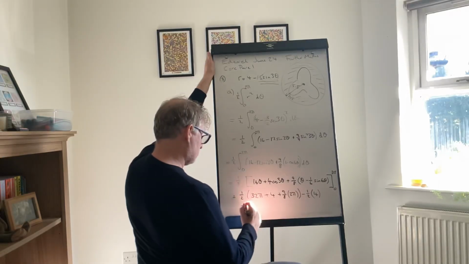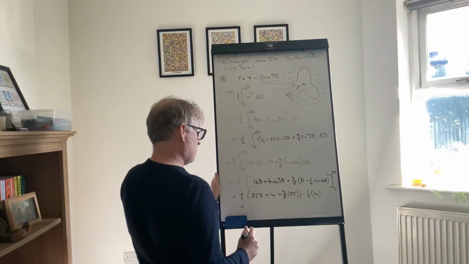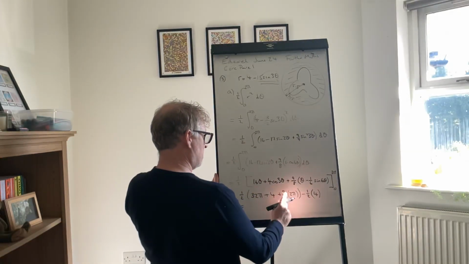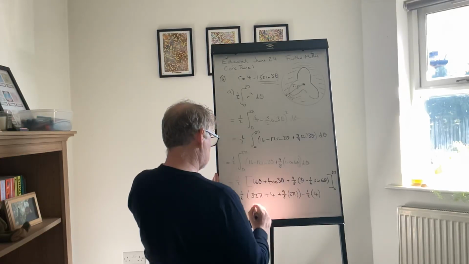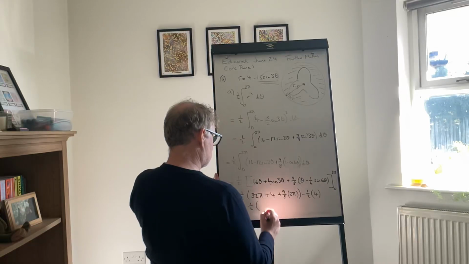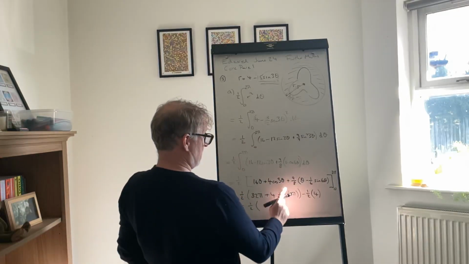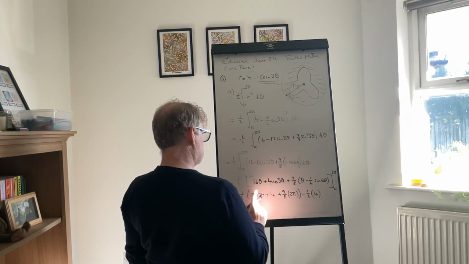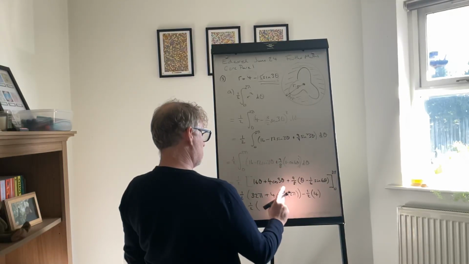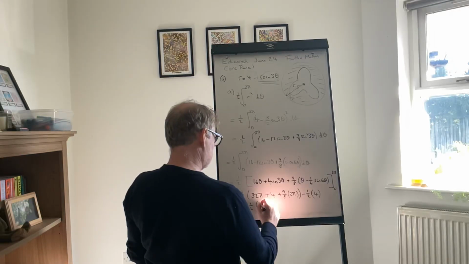Right, tidying up time. 9 over 8, so that's 9 over 4 pi, on to 32 pi, so let's quickly sort that out. 9 over 4 plus 32, 128 plus 9, is that 137 over 4 pi?